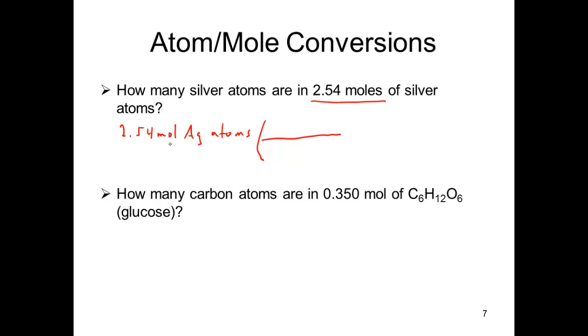So from unit analysis I have to cancel out this mole. I know that 1 mole of silver atoms, for that many, 1 mole of anything, is 6.022 times 10 to the 23rd silver atoms.